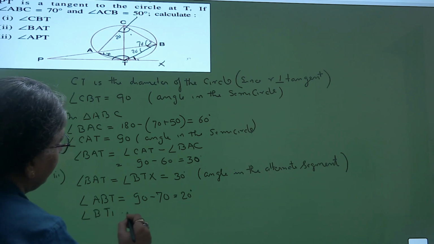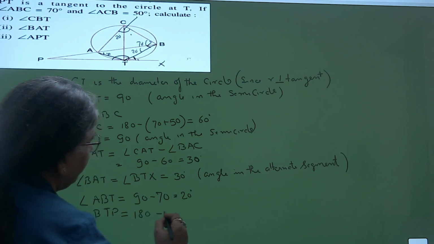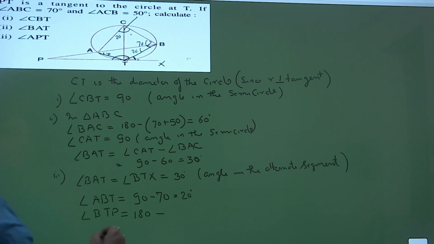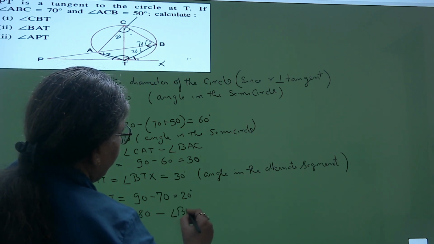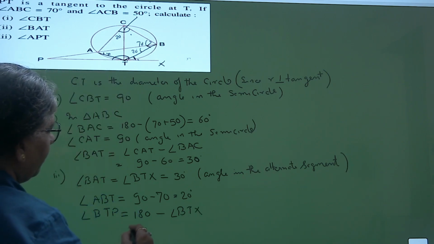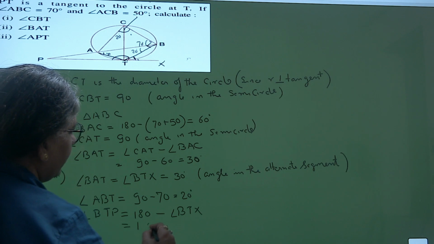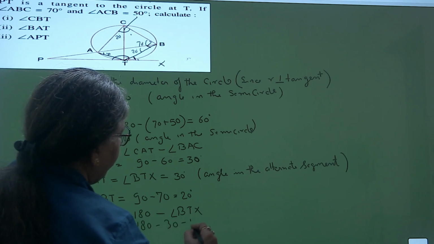BTP is equal to 180 minus BTX. So you get 180 minus 30, that is 150 degrees.